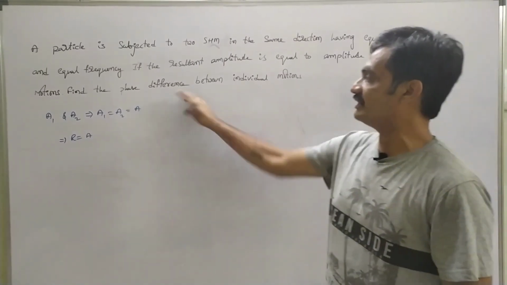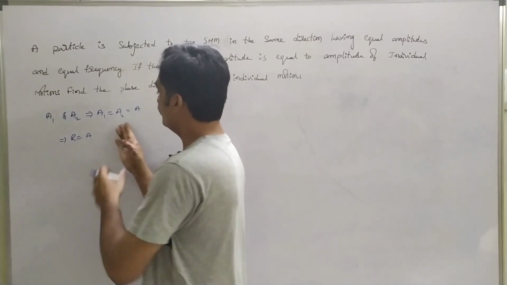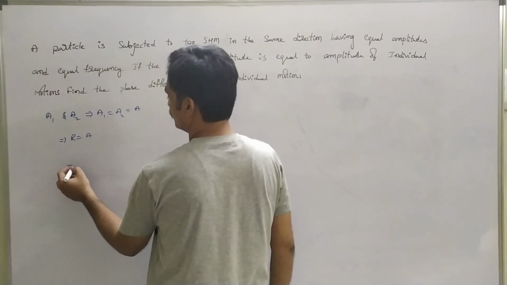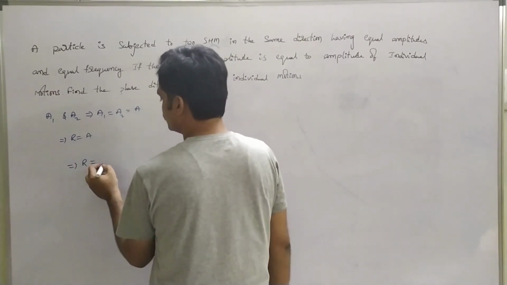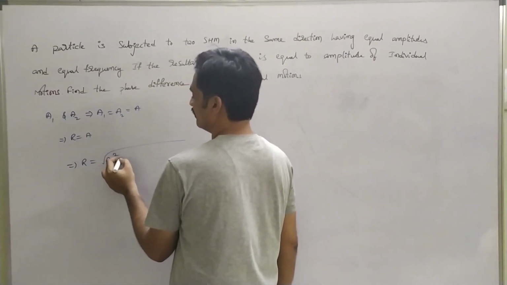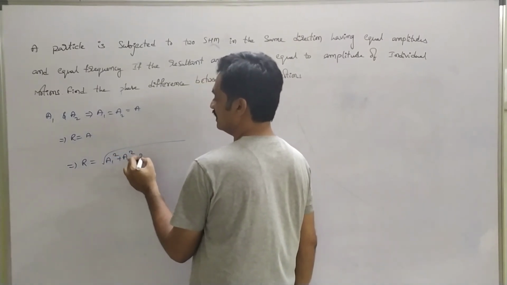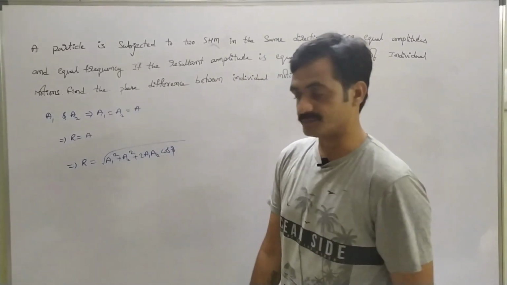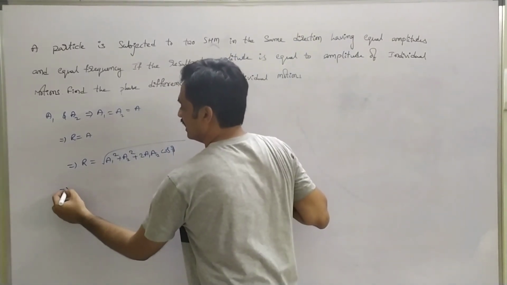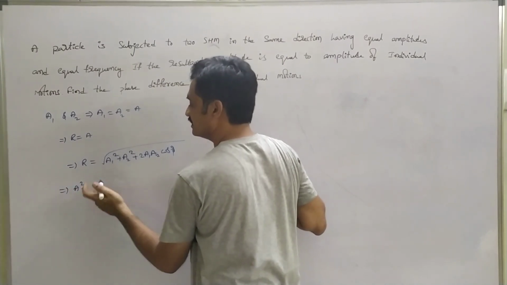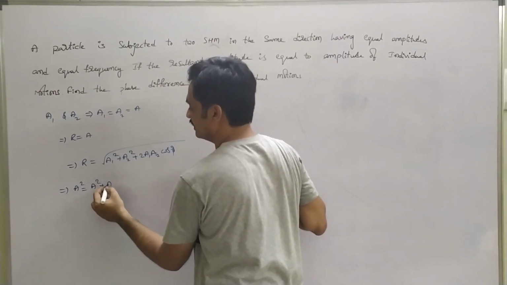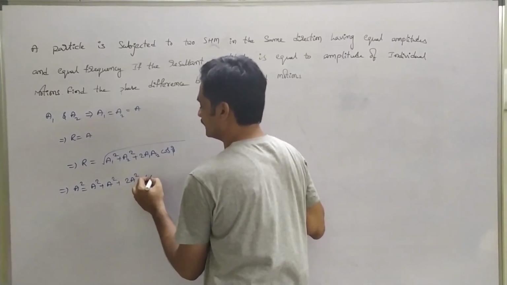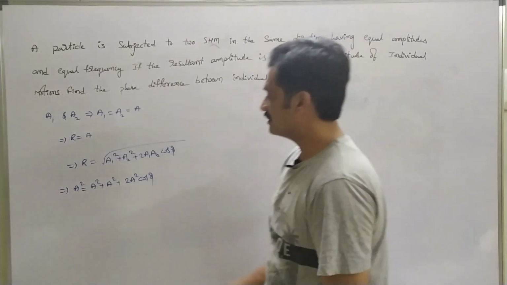In order to represent the phase difference, we have to represent the initial phase between these two amplitudes. We know that the resultant amplitude is given as R equals the square root of A1 square plus A2 square plus 2 A1 A2 cos phi, where we have to find the value of phi. Here R equals A, so A square equals A square plus A square plus 2 into A into A, nothing but 2A square cos phi.